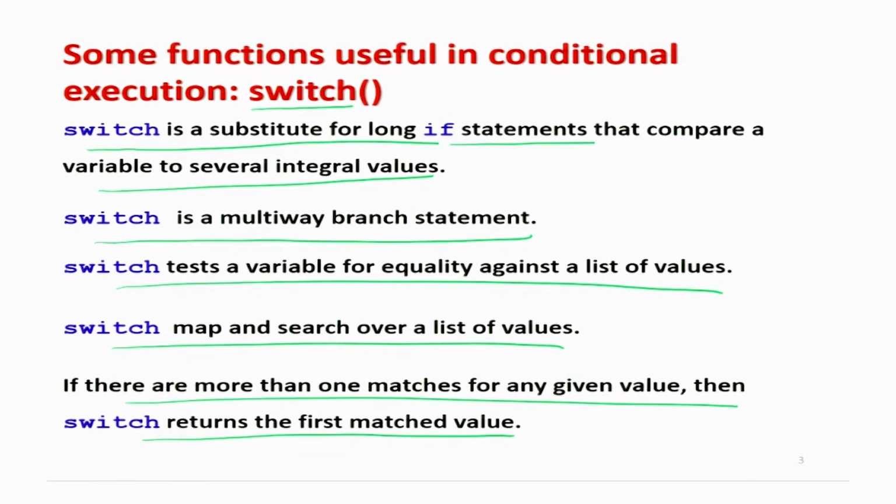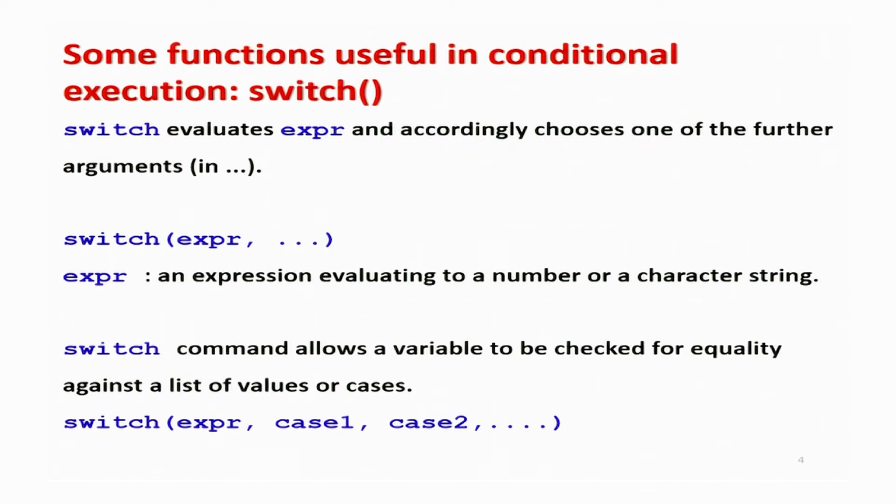If you ask someone to go to room number 3, the person will start searching: room number 1, room number 2, and then room number 3 is there and the person will go there. Now after some time, if you say there is another room number 3 where you have to go, then the person will get confused. The way the switch works, exactly in the same way R will also work.